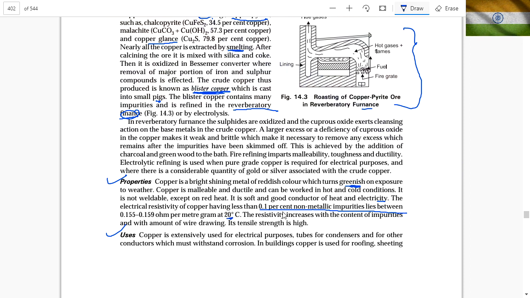The resistivity increases with the content of impurities. It is obvious that if you have higher impurities, then the resistivity will be high. With the amount of wire drawing, its tensile strength is high.